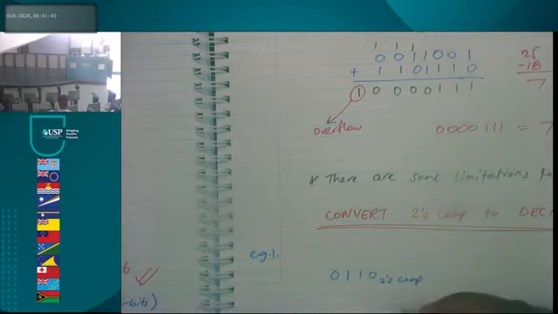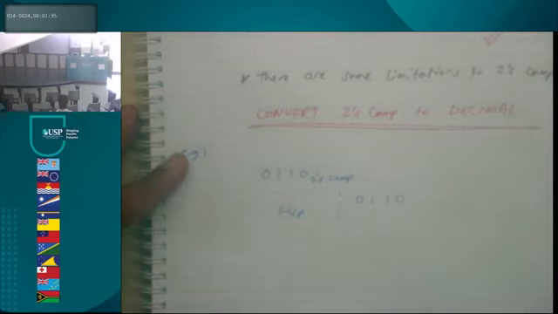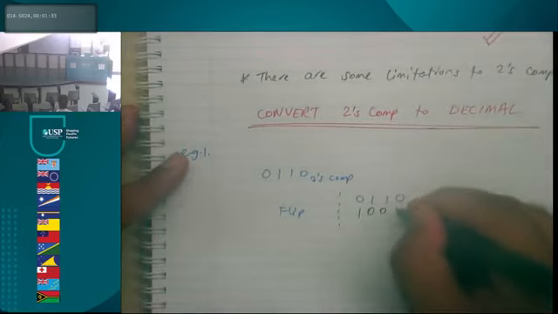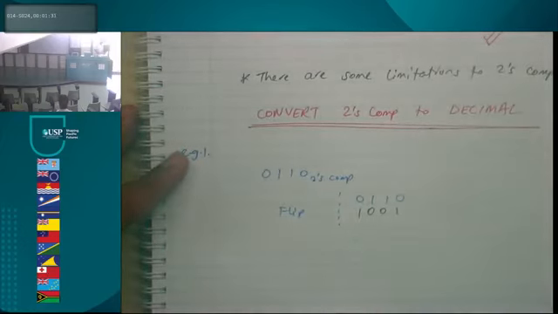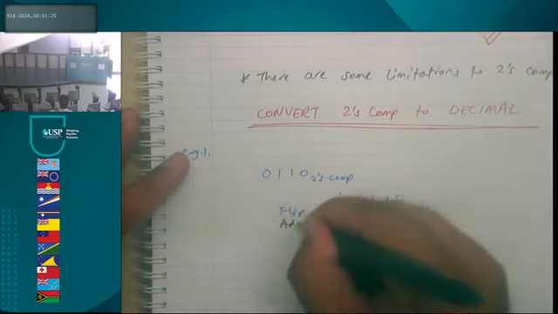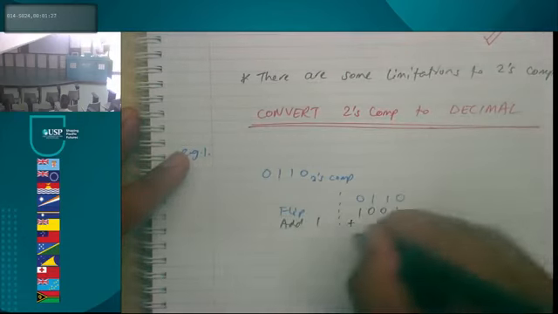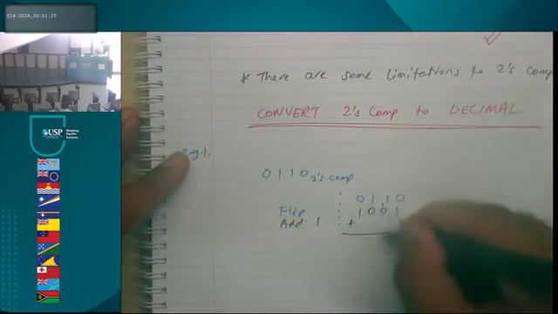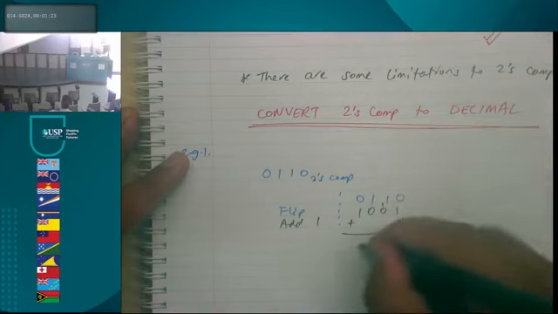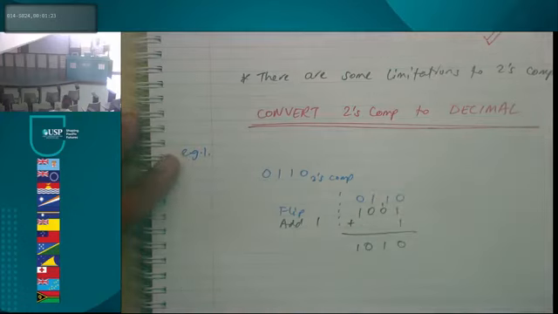So we take 00100110. We flip, so we're reversing the system. We flip, and if we flip, we get 1001. Then we add 1, 0, carry 1, 1 over there. Now, there are some big questions.